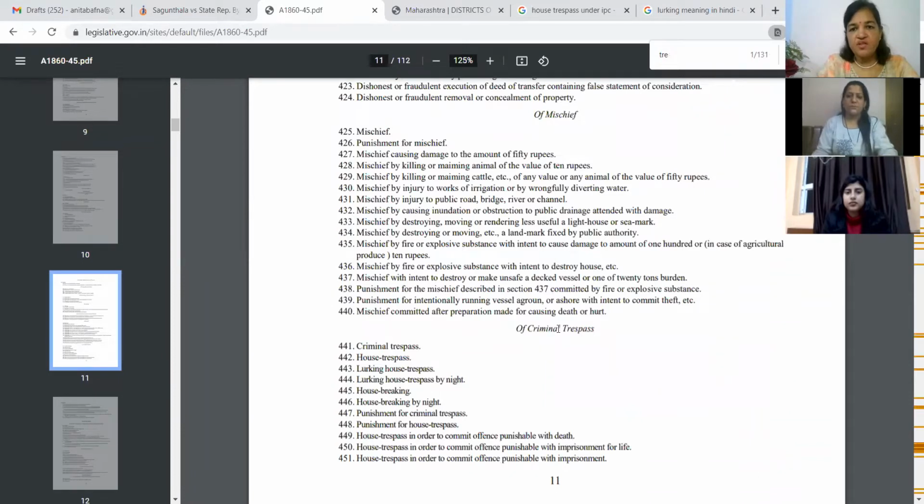See, I've shared the screen. Can you all see? It is of criminal trespass.